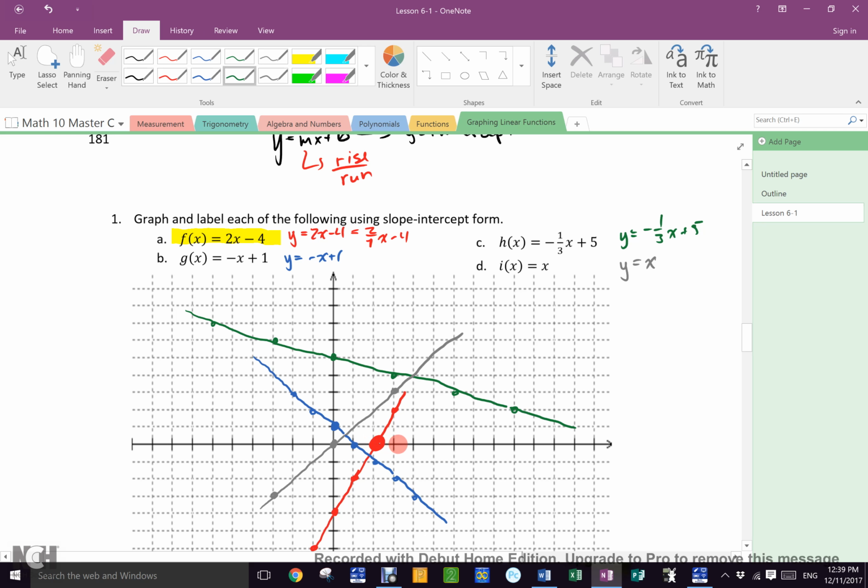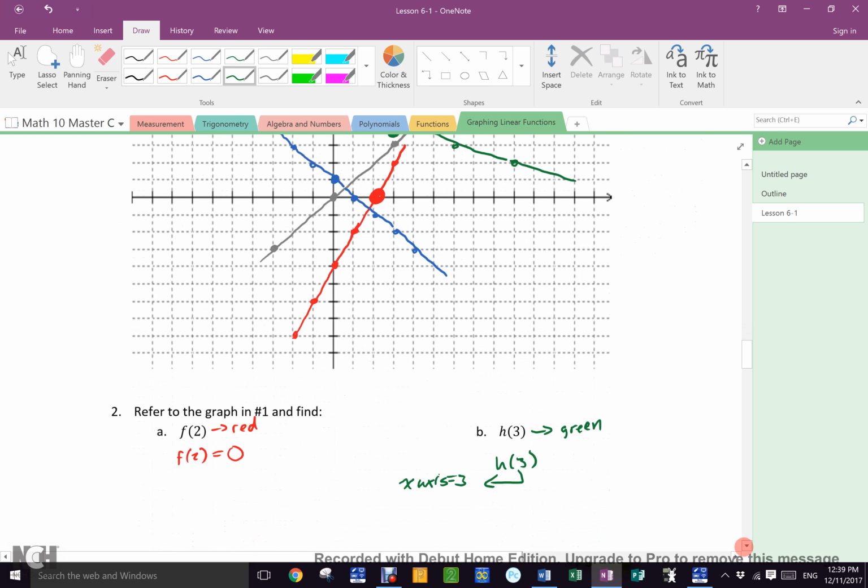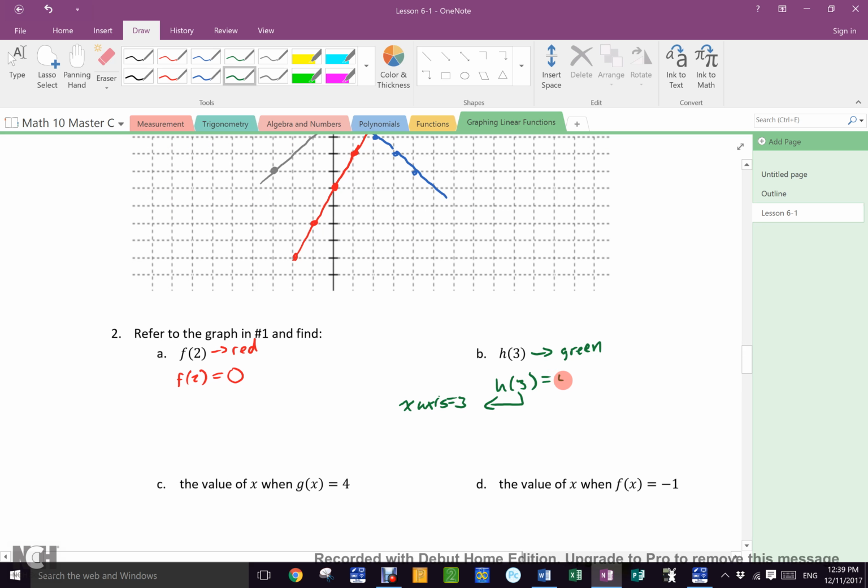There it is, right? Everyone agree? So now let's go up to the y. There it is right there, correct? What is that y value? 4. So the h of 3 equals 4. Everybody good?